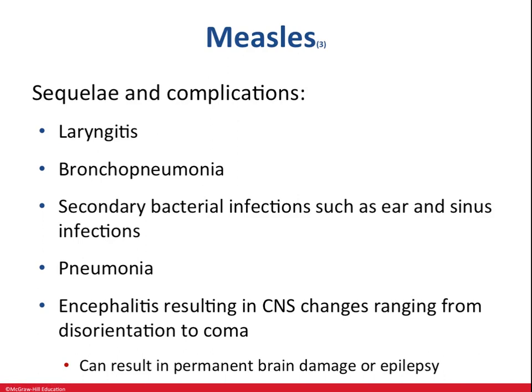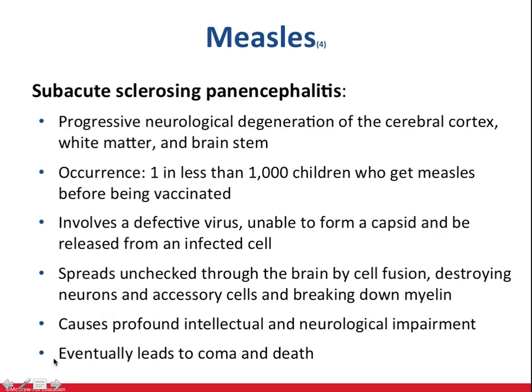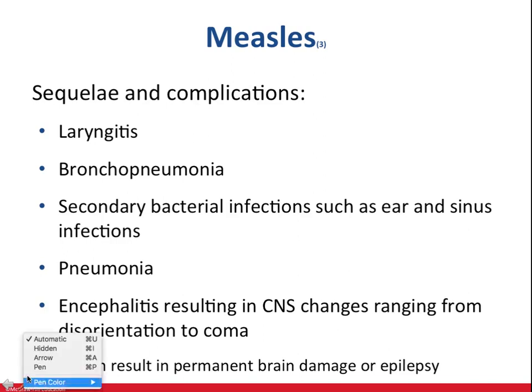The sequelae are laryngitis, bronchial pneumonia, and secondary bacterial infections. Measles destroys the epithelial surface of the ear or the respiratory tract, so it allows bacteria to grow and cause bacterial infections in the ear or the sinus, also in the lungs, causing pneumonia.